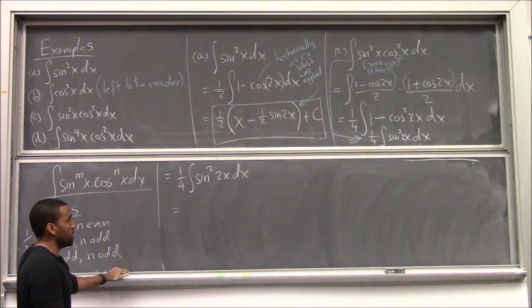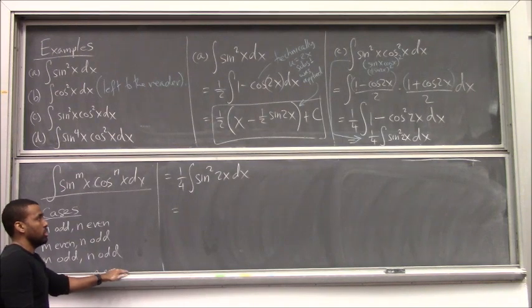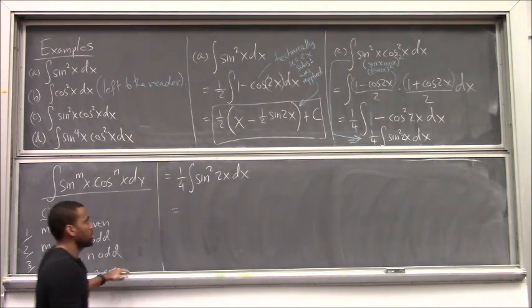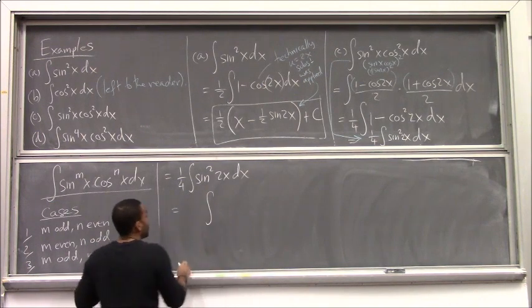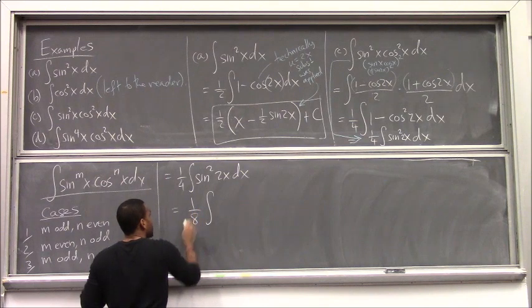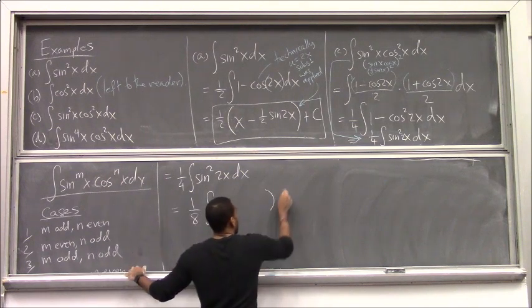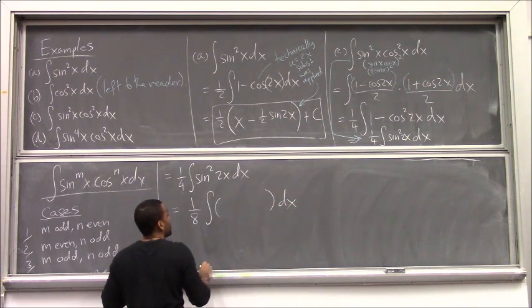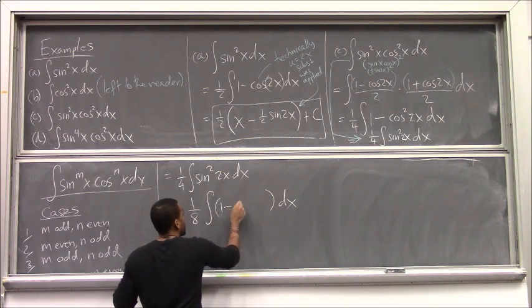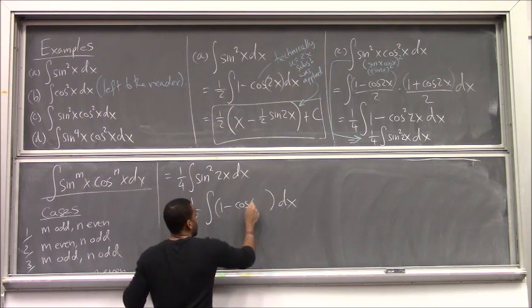Use that identity again, what do you get? So it's 1/2, right? Times the 1/4, so that's 1/8, of 1 minus cosine 4x, right?